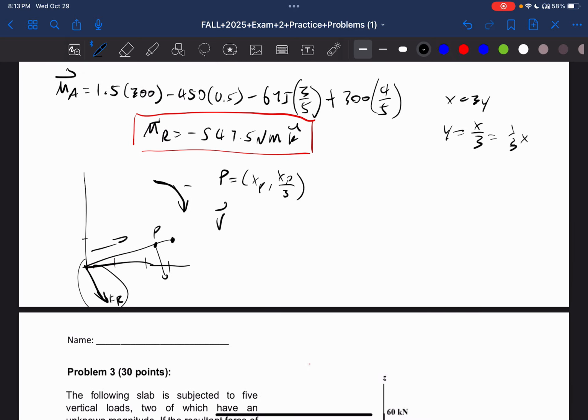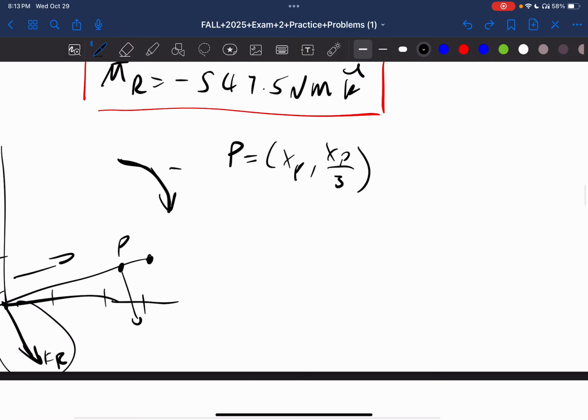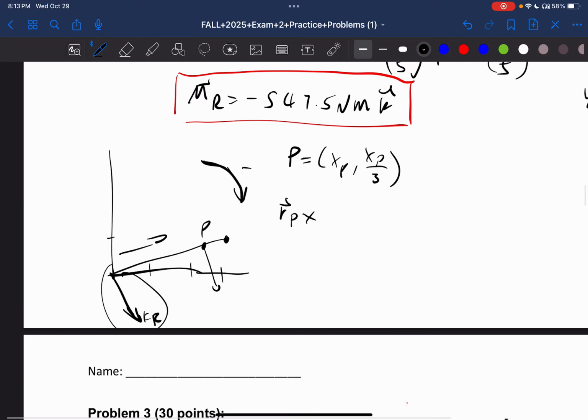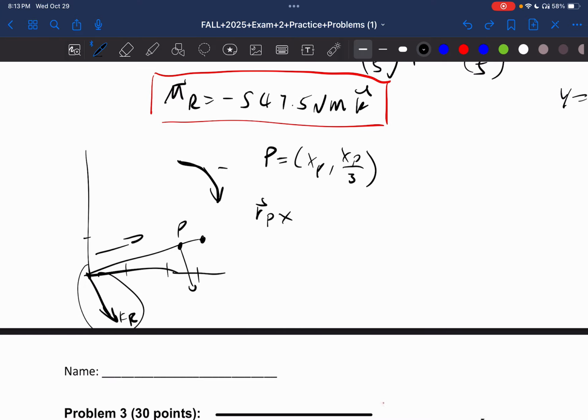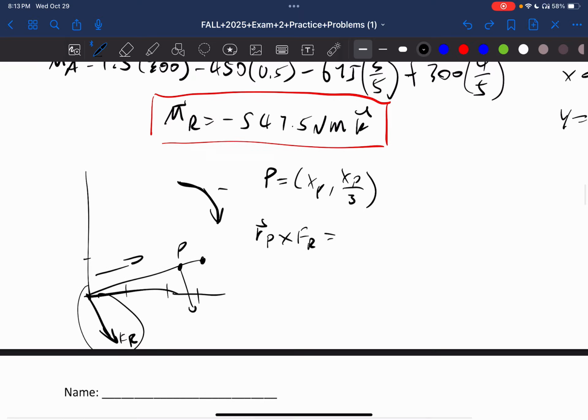So if we do a vector from O to P, which is OP, which is equal to RP, and we cross it with this force right here, the resultant force, this needs to be equal to the resultant moment. That makes sense.